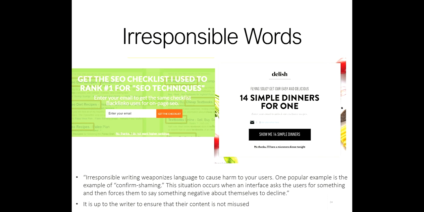Despite the fact that most people will simply click on this and supposedly not think anything more of it. To be fair, there are subtle unconscious effects of this sort of thing, and this is essentially poor behavior in terms of writing content for the web. It really is up to the writer to ensure that their content is not misused.